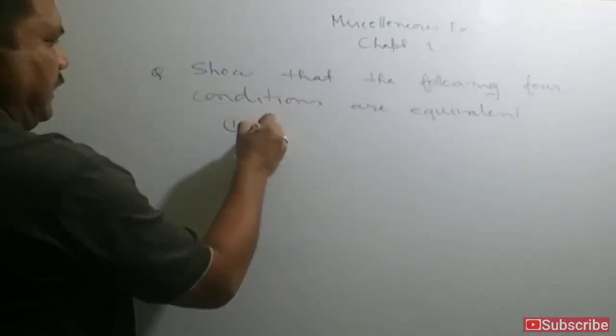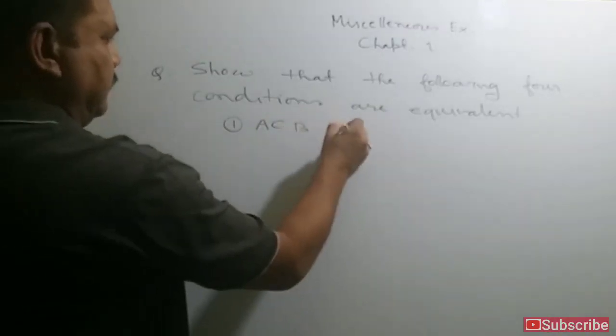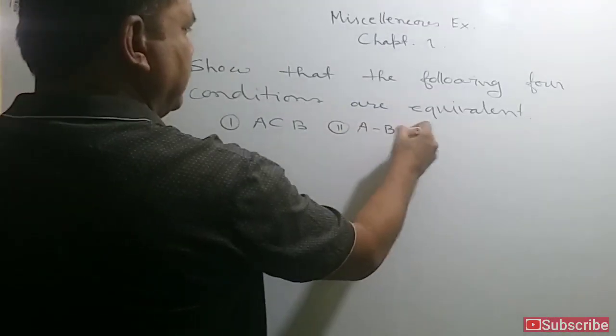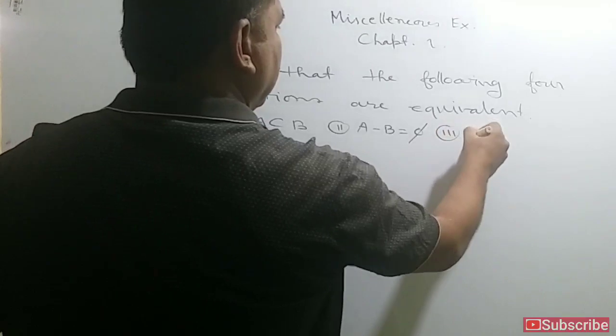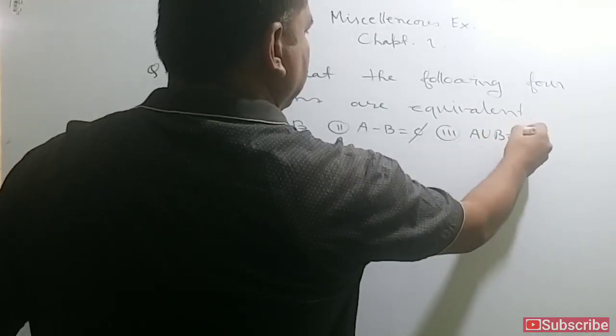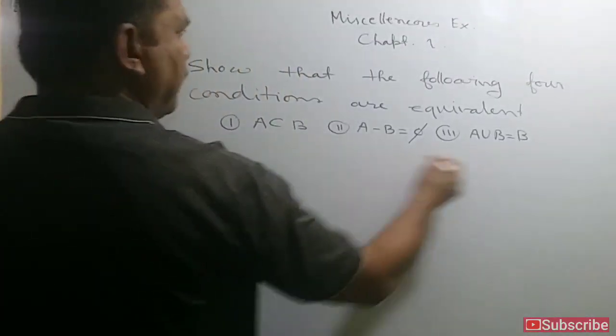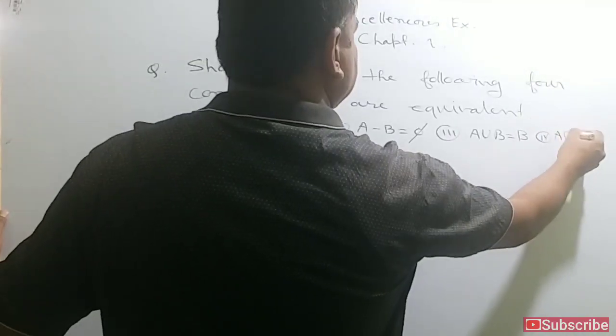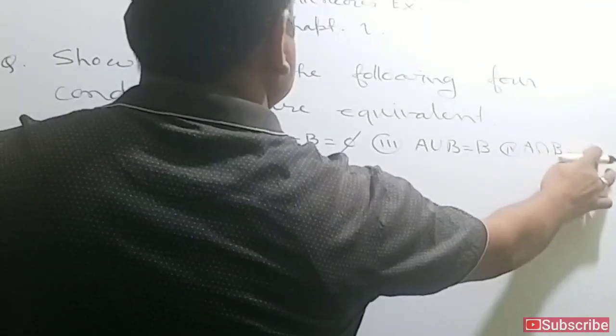Condition 1, A subset of B. 2, A minus B is equal to phi. 3, A union B is equal to B. And number 4, A intersection B is equal to A.